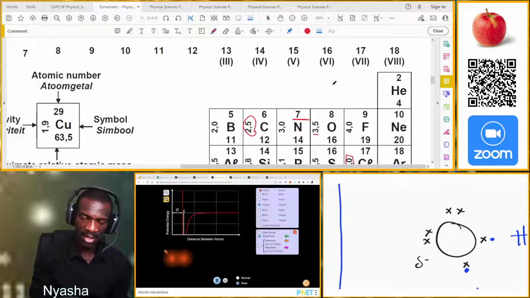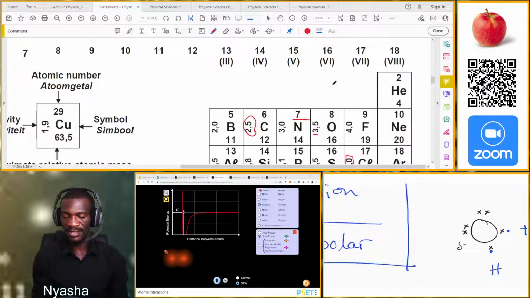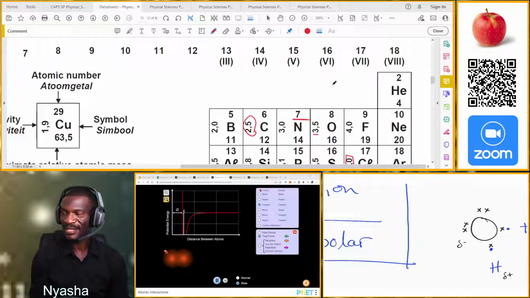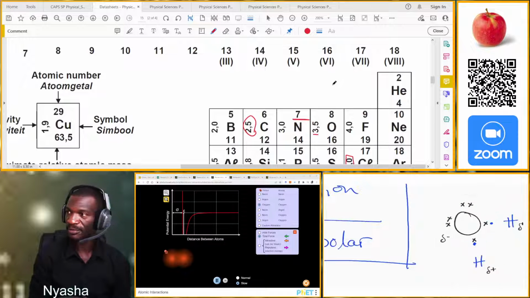Now this is our lone pair, isn't it? Now, let me put delta plus here, delta plus here. The next thing is that in this setup, rather let me move my diagram so that it comes into the field of the picture. Good.